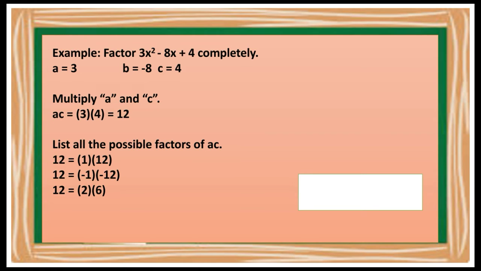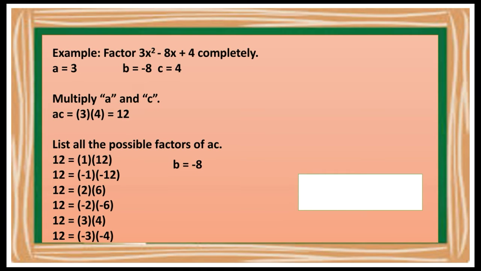Or we also have 2 and 6, or negative 2 and negative 6. We also have 3 and 4, and lastly, negative 3 multiplied by negative 4. Now these are the factors of 12.